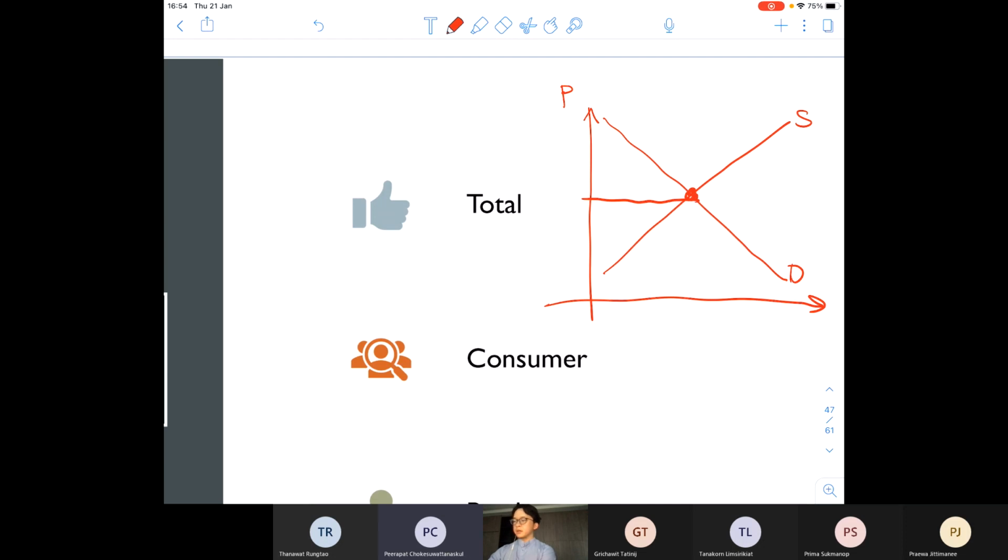As a consumer, right? Let's say this is a computer. One computer is your product. There could be some people in the society who are willing to pay more for this computer. Let's say it is Mr. A here. Mr. A is willing to pay more for this computer because he is a big fan of Apple, right? He wants to use a MacBook.